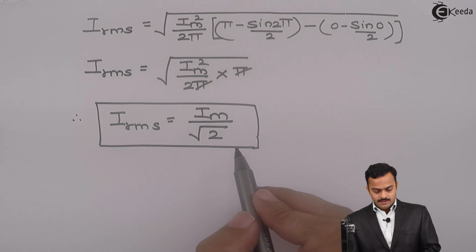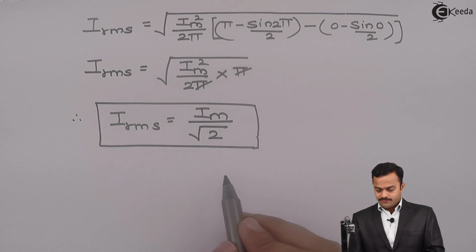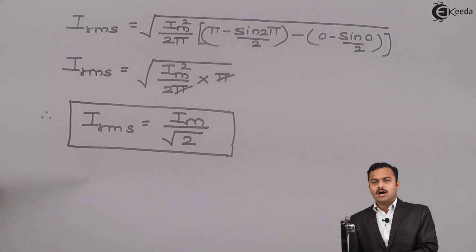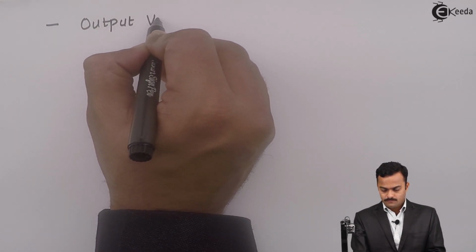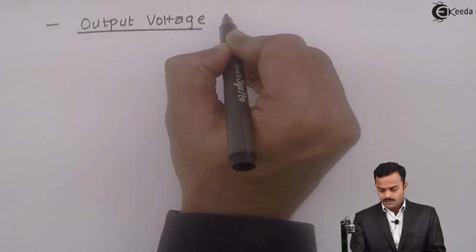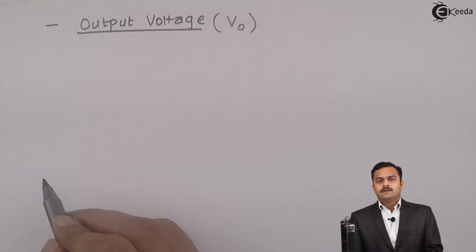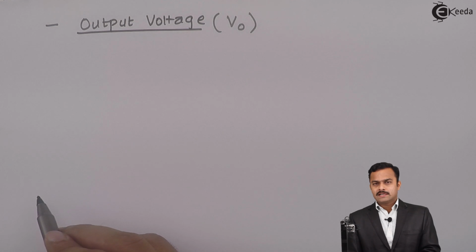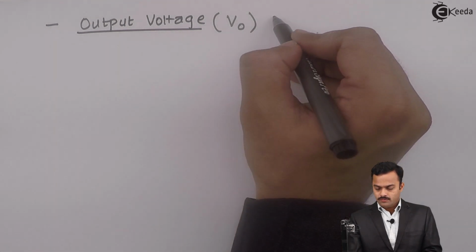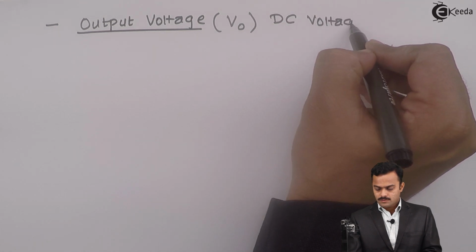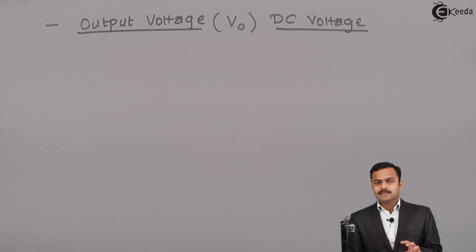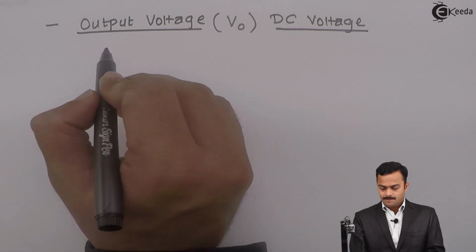Let us move to next performance parameter and that is output voltage. It is V0. Remember, output voltage of rectifier is always DC voltage because purpose of rectifier is a conversion from AC voltage to DC voltage.